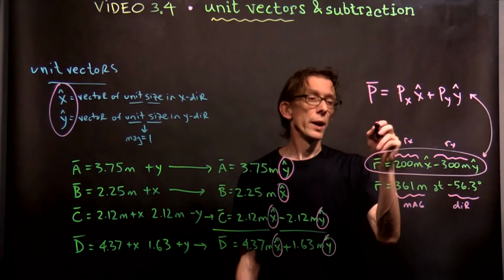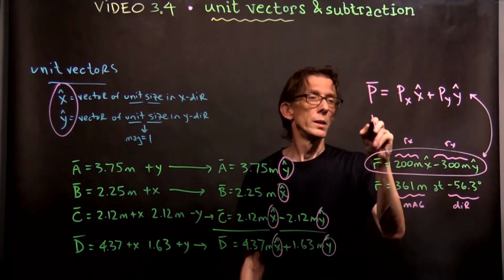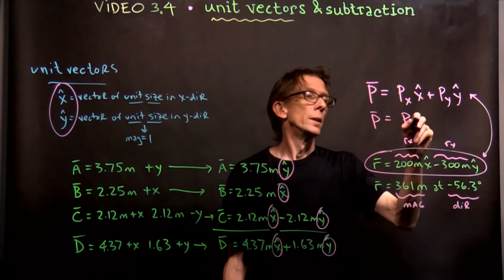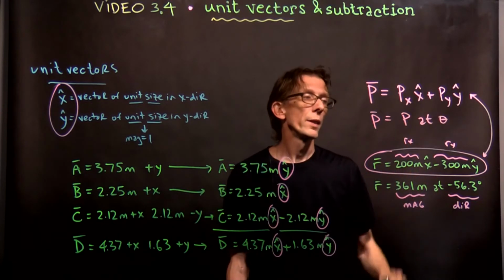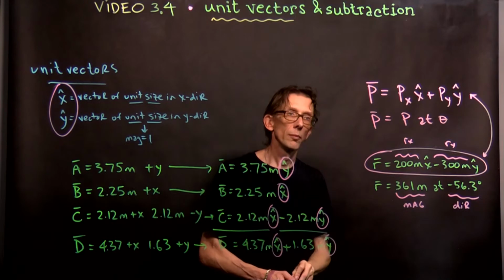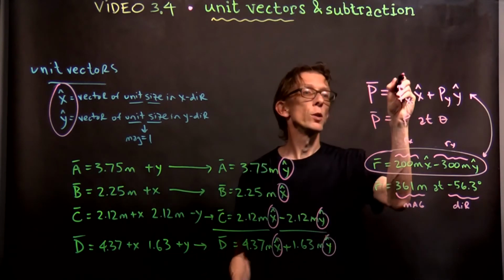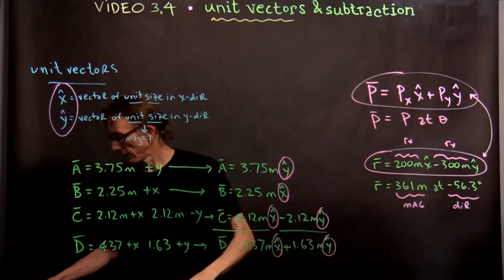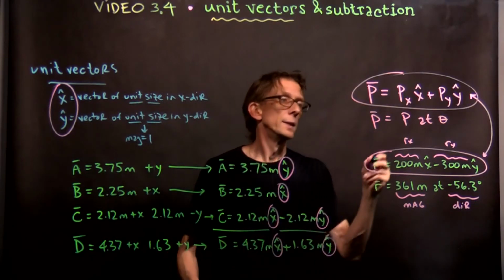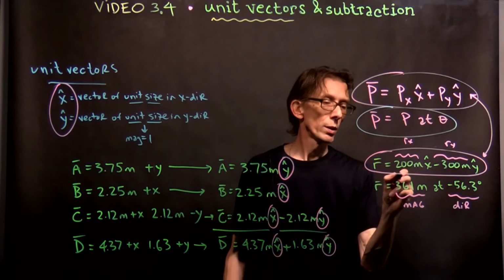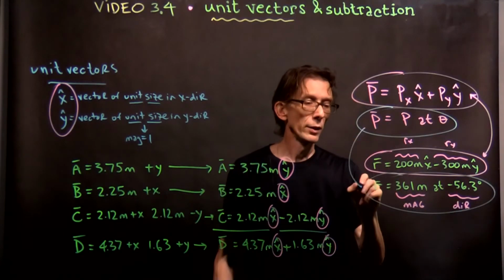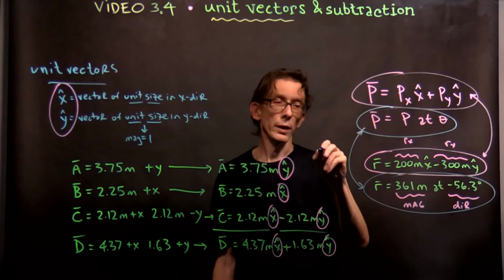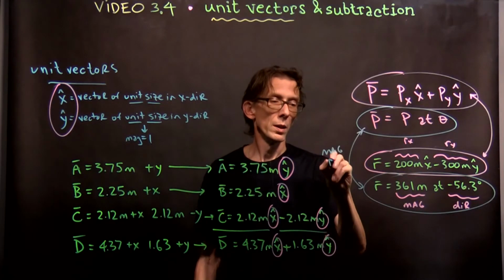I could also write P equals the magnitude of P at some angle theta. They are both equivalent. These two that I've circled are the component way of writing it. And the two I've circled in blue here are the magnitude and direction way of writing it.